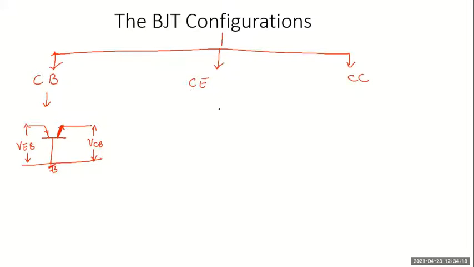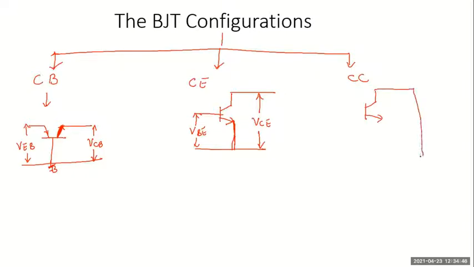And in common emitter, you will have the emitter terminal as common. So this is the common terminal. Input will be given between base and emitter, and output will be measured between collector and emitter. And in common collector, again, we will consider the collector as the common terminal.